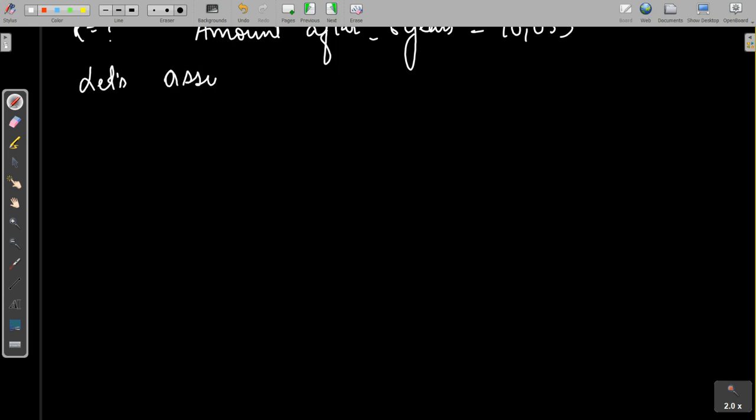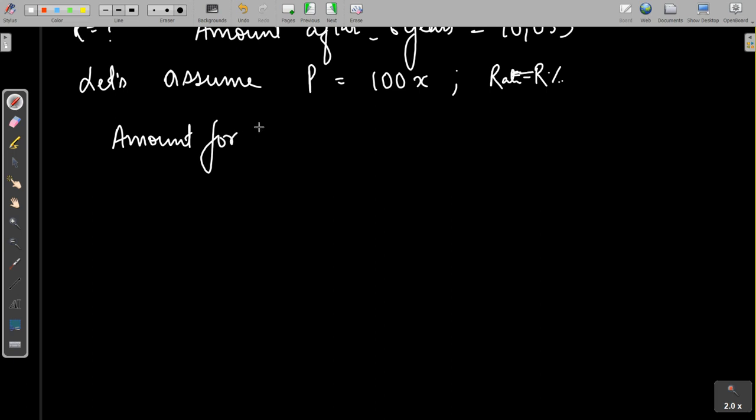So let's assume P is equal to 100x, and the rate is simply R percent. Okay. So now we are going to find the amount for 3 years, which would be P times (1 plus R by 100) power 3.